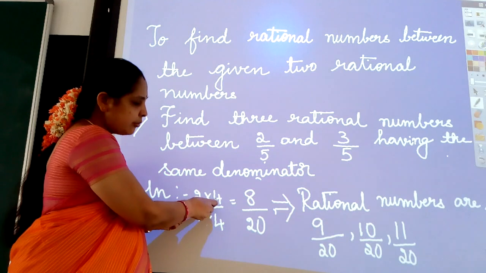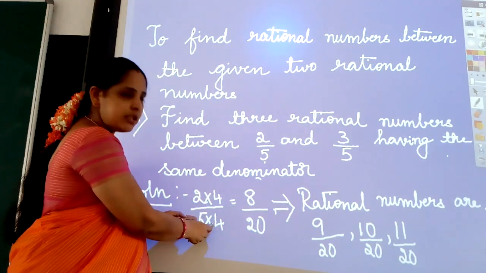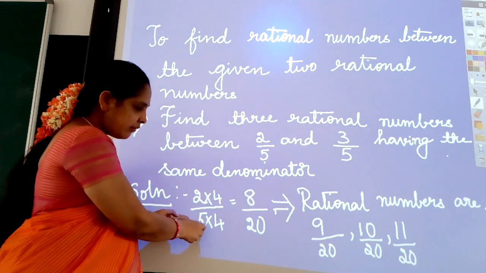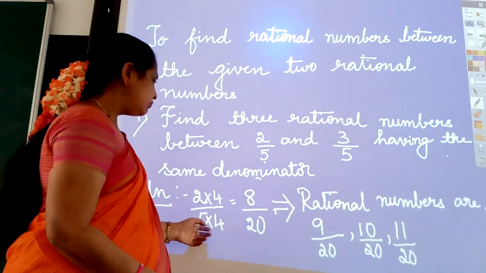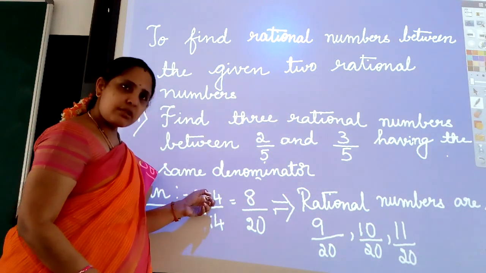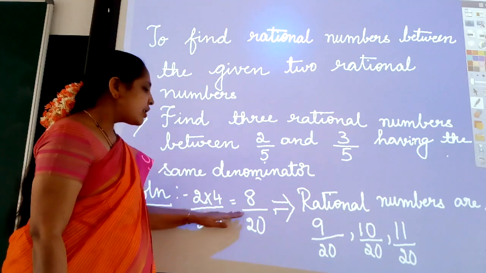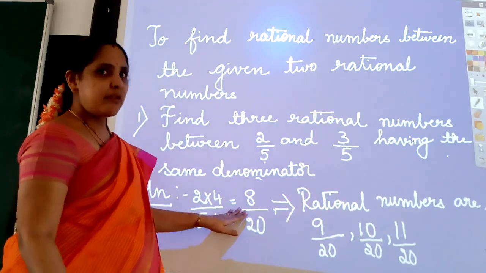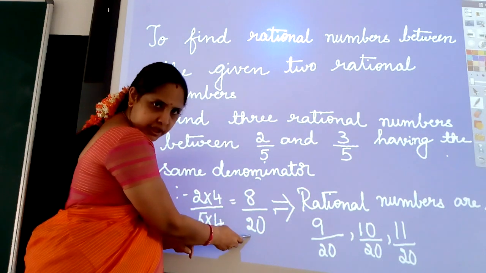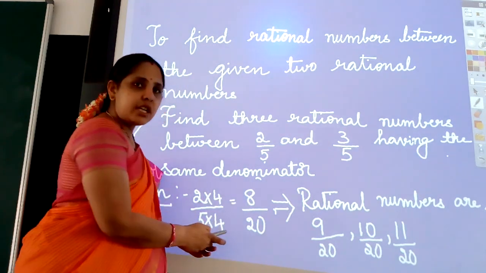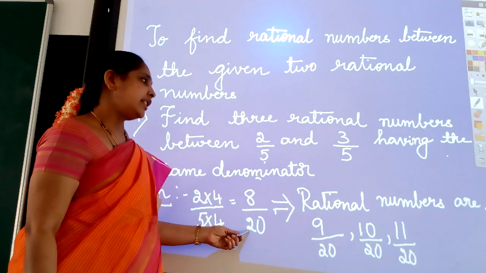That is, the numerator and the denominator have to be multiplied by 4. 2 by 5 into 4 by 4. So this will give me one equivalent rational number, which is equal to 8 by 20.